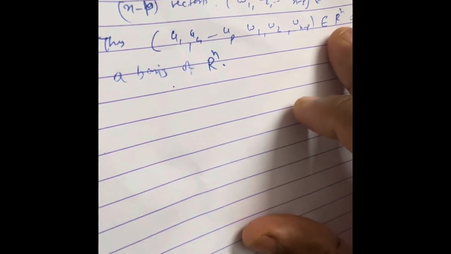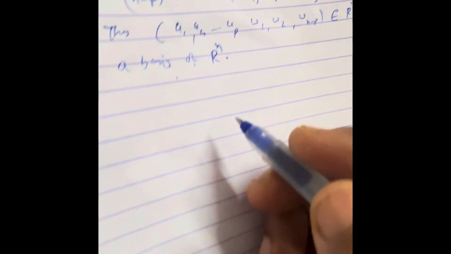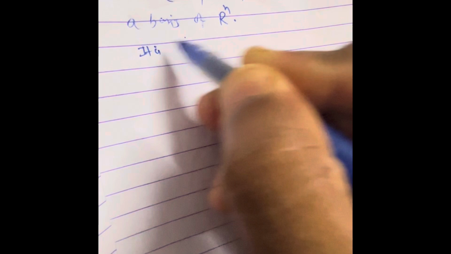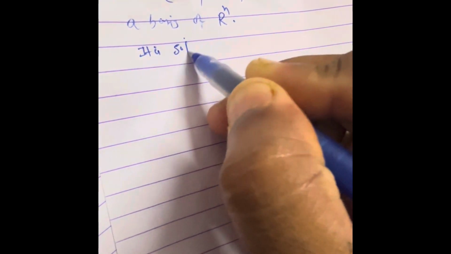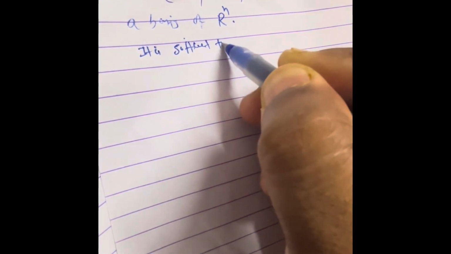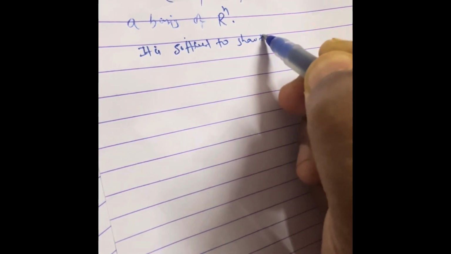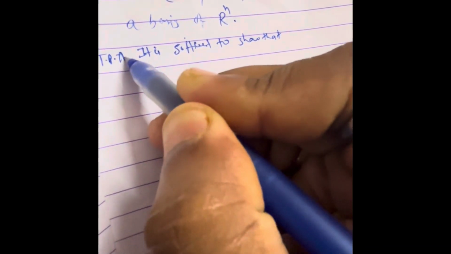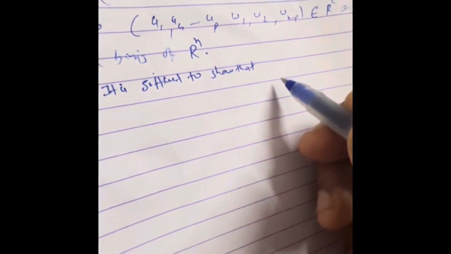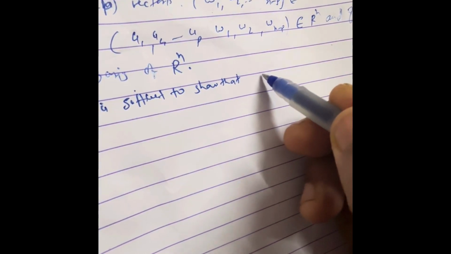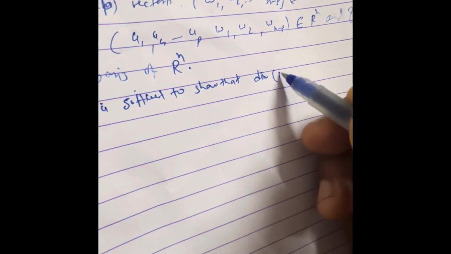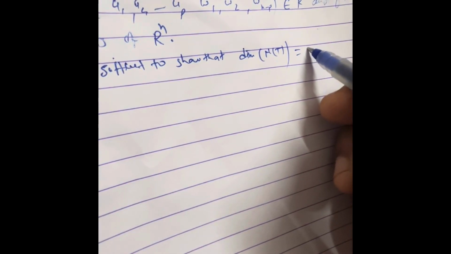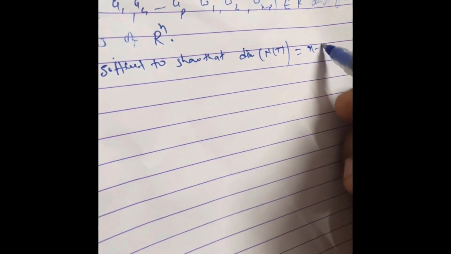Now what remains to prove the theorem? It is sufficient to show that the dimension of N(T) is n minus p.